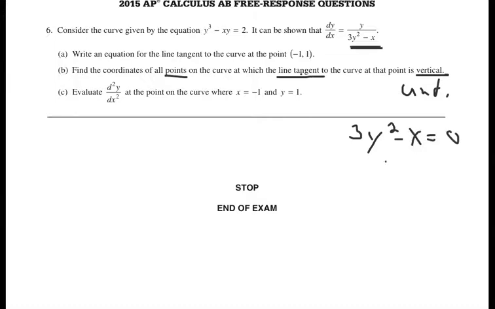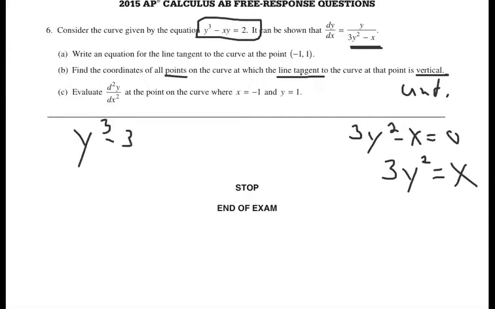So if I add x over to the other side, that means x has to equal 3y squared wherever the slope is undefined. So then I come up here and I use this equation, and I'm going to plug 3y squared in for my x. Then I can solve that, and that will be my y values.